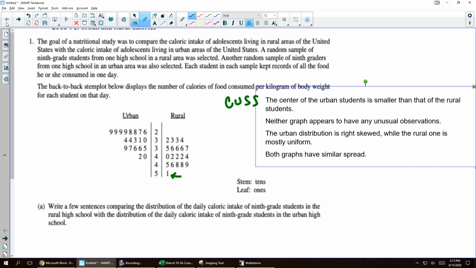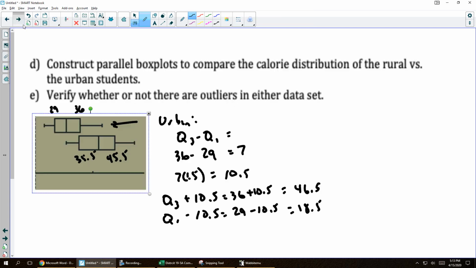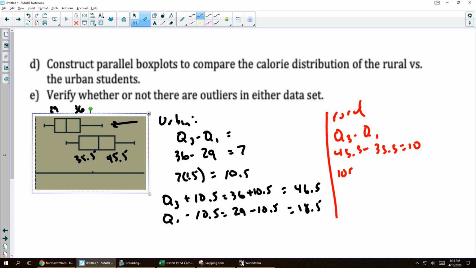When I go back and look, the biggest one is 42, the smallest one is 26. I do not have points outside that range. Doing the same thing for the rural group. Q3 minus Q1 is going to be 45.5 minus 35.5, which is 10. Multiply that by 1.5 to get 15.